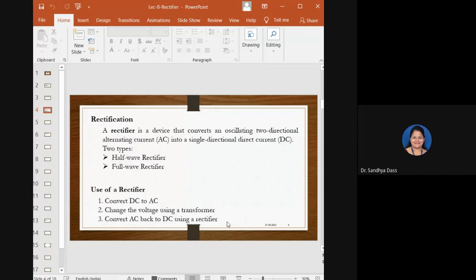So we need to know what a rectifier is and how it happens. So that is a brief of what rectification is and its use.